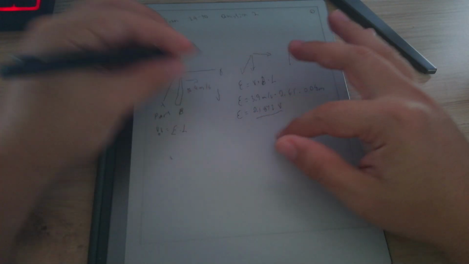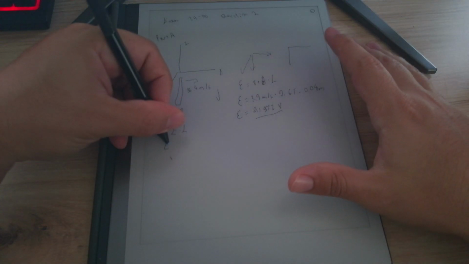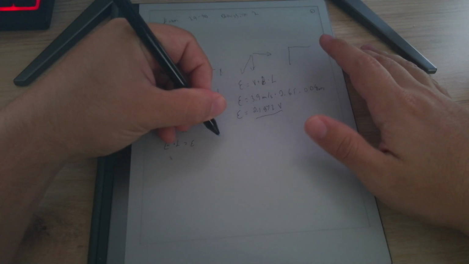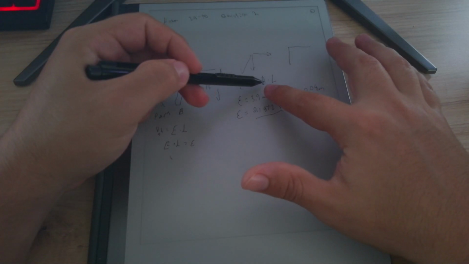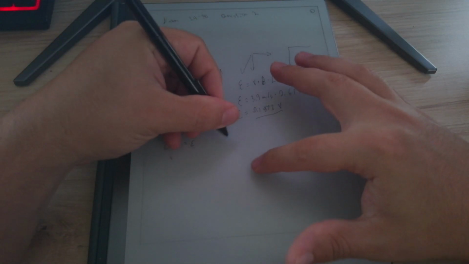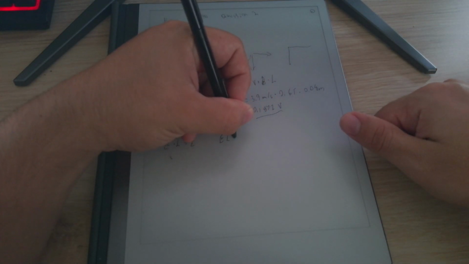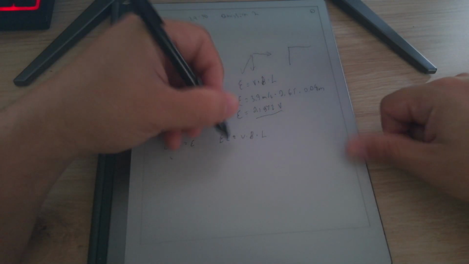So the electric field times the length is equal to the electromotive force, which is velocity times magnetic field times length.